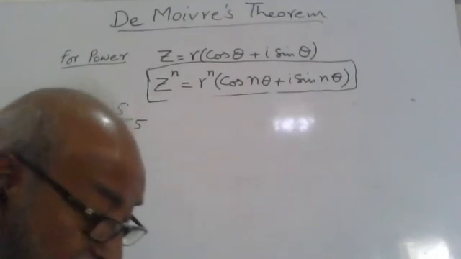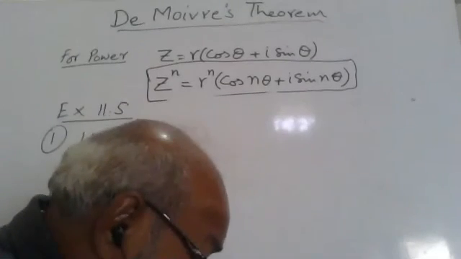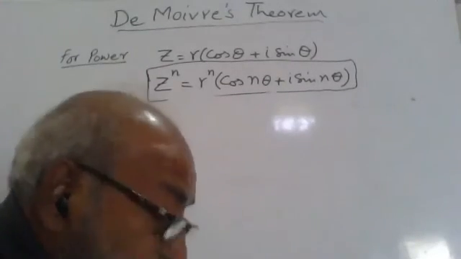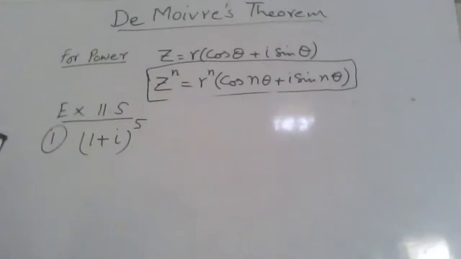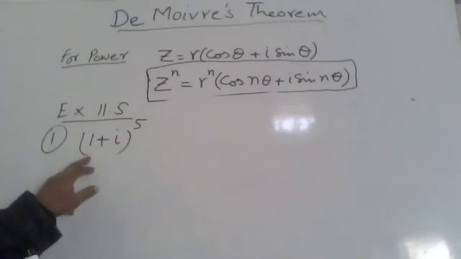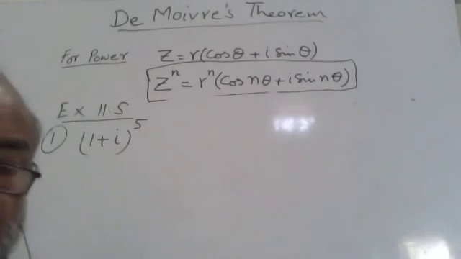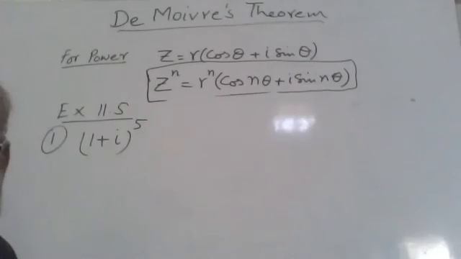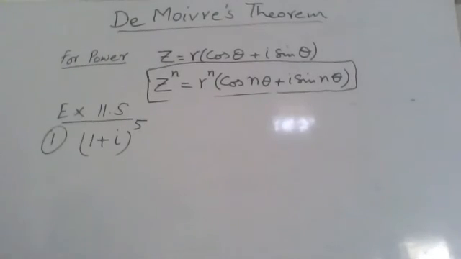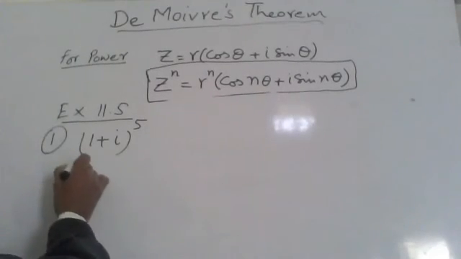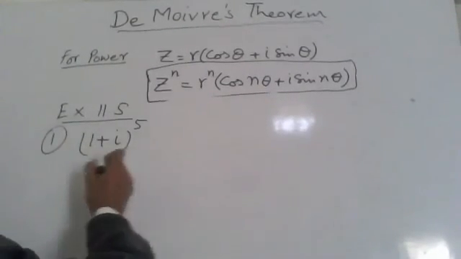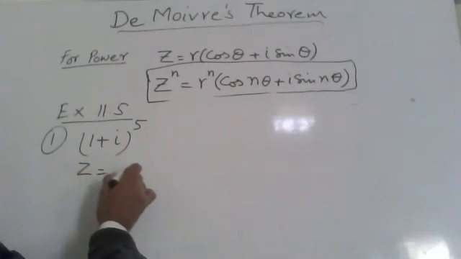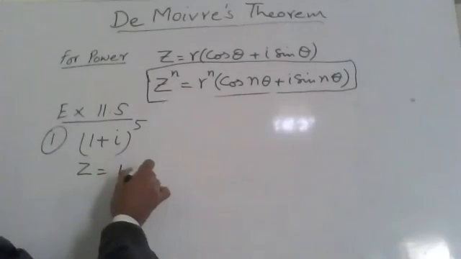One plus iota whole raised to power 5. We can't apply De Moivre's theorem in rectangular form. So first of all, we will convert into the polar form. So z is equal to 1 plus iota.